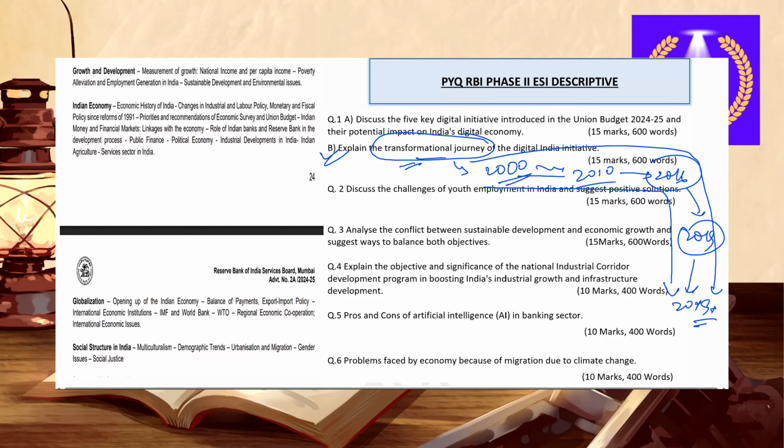Clear to everyone. Now the next question is: discuss the challenges of youth employment in India and suggest positive solutions. So youth employment is always there. Okay, one thing tell me: we are moving to the age of digitalization. Is it going to contribute more to employment or will it lead to unemployment in our country?